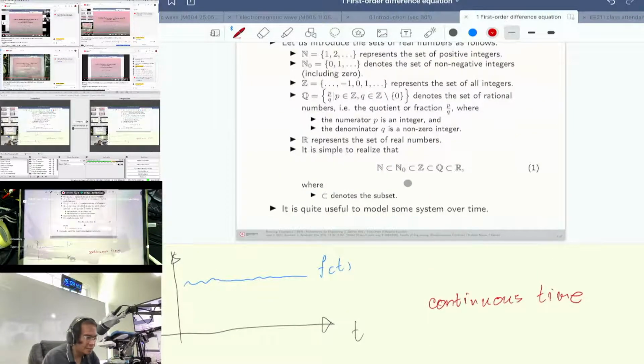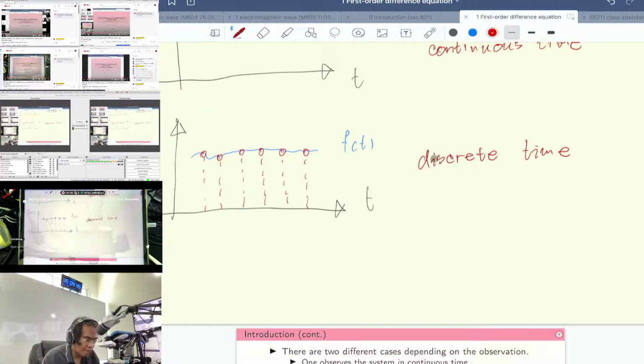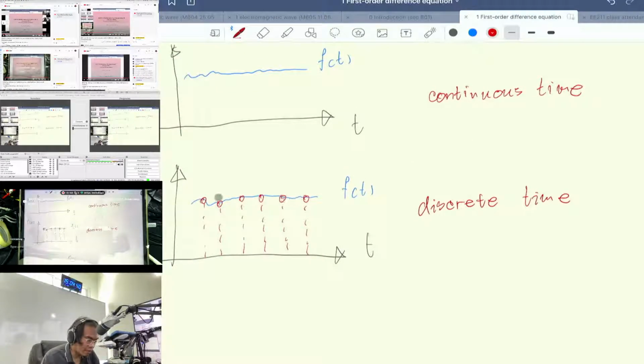Okay, this is the difference between discrete time and continuous time. Okay, and here you don't have the blue line, or you have only the red line. You may ask me why we don't keep continuous time, because it's the most precise system. Well, in reality, the memory is expensive. You cannot keep the data as much as you want.